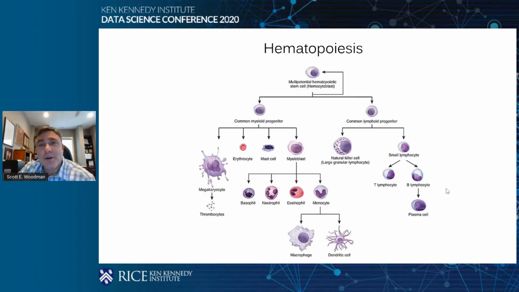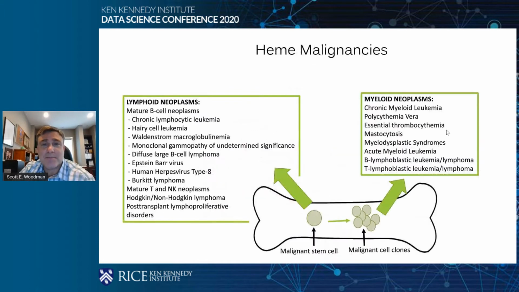And so these are all cancers that are coming from normal cells, of course, of the hematopoietic pathways. And so as you can see here, we have the lymphoid branch, the myeloid branch, and the downstream normal cells. And when these cells at different stages become cancerous, then we call them heme malignancies.